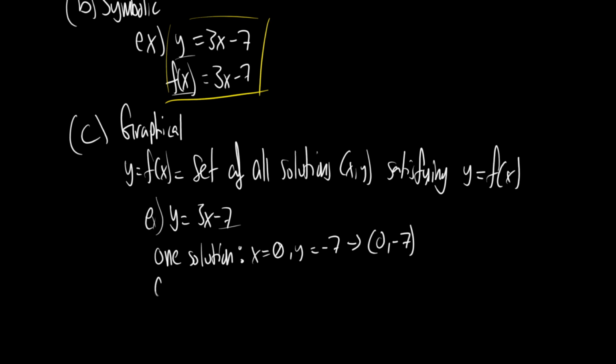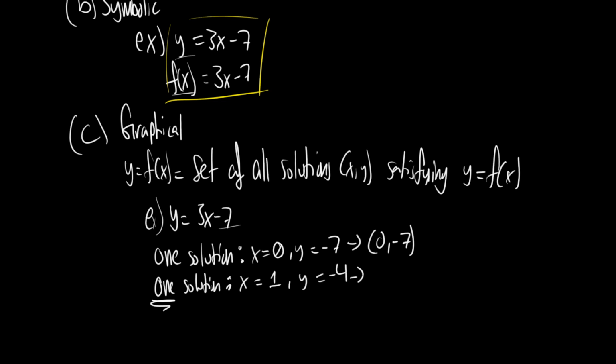If we were to plug in another solution, and notice how I'm specifying that it's one solution, because there's no way you could have multiple solutions to an x value without it not being a function. So let's just do 1. This would create a value, 3 minus 7, which is -4.